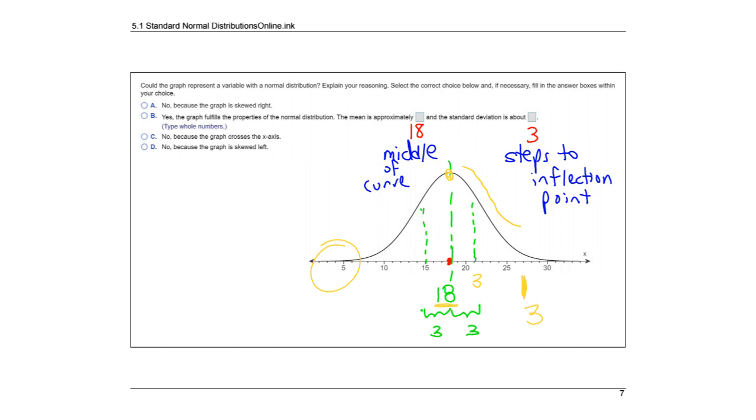If we picked 4, it would go too far because 18 plus 4 would give me 22, plus 4 would give me 26, plus 4 more would get me to 30. And the problem is 30 is way too far away. So I don't think that 4 is right. I think we want to deal with 3 as our standard deviation. If you have trouble with this problem in the homework, just email it to me and we'll talk about it.